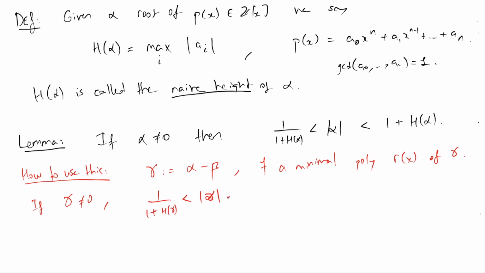The only thing we'd have to do is to approximate alpha minus beta, and we have sharper and sharper approximations of alpha and beta, so we can approximate this difference via our approximations. If our approximation has norm less than 1 over 1 plus h of gamma, then this condition is violated, which means gamma has to be 0. So we are able to check absolute equality by approximations.